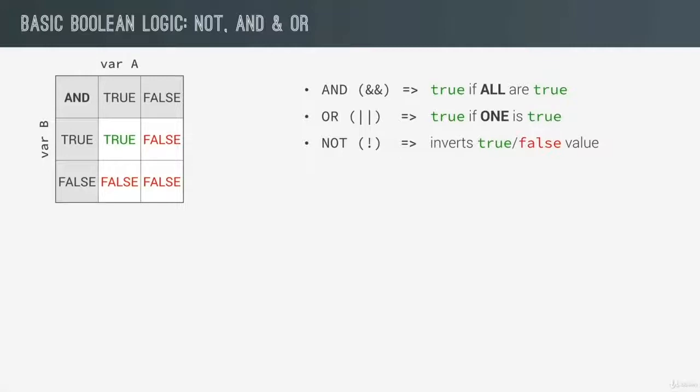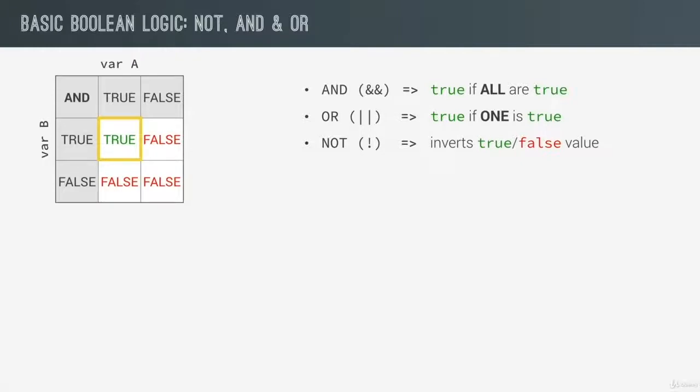So let's start by looking at the AND operator. And here we have a table called a truth table, which allows us to see the outcome of the operator. So the AND operator works like this. Suppose that we have two variables a and b. Only if variable a and variable b are both true, the expression a and b will become true, okay?